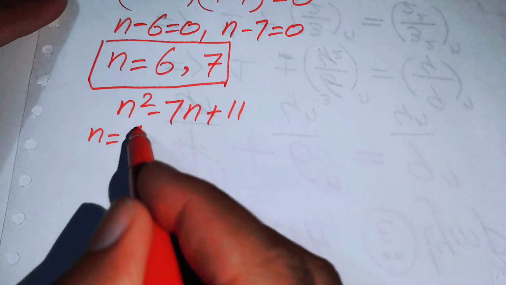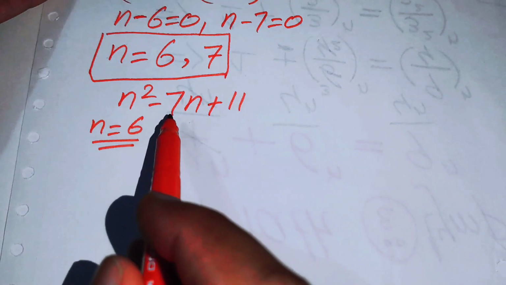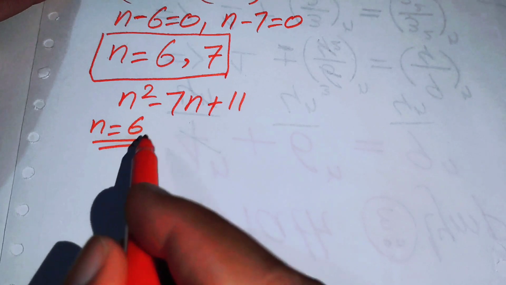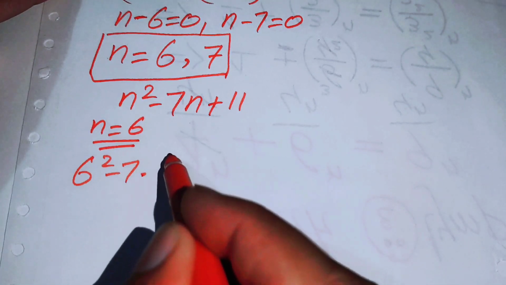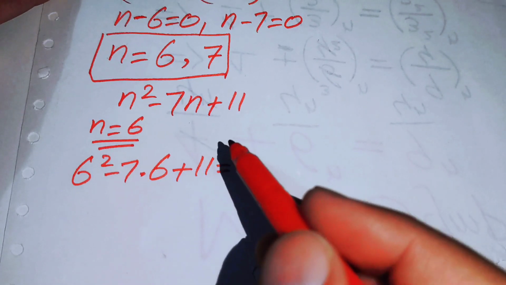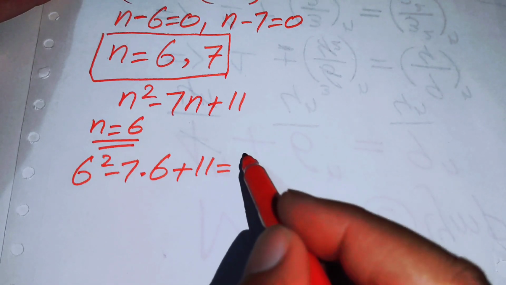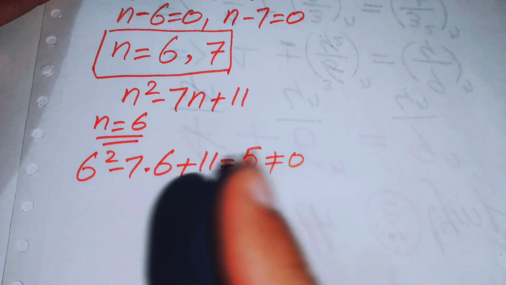So first we can put n is equal to 6. When we put n is equal to 6 in this base, we get 6 square minus 7 times 6 plus 11. This will be equal to 5, and it is not equal to 0, so it means it is satisfied.